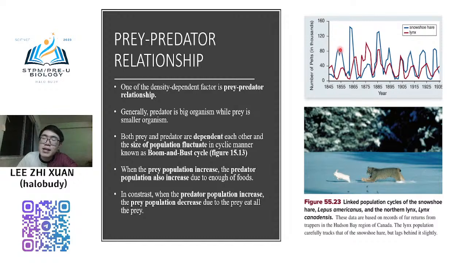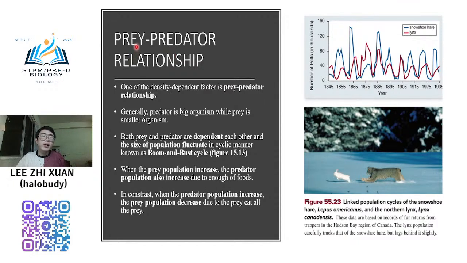When the prey decreases, the predator also decreases. They depend on each other. Why? Predators eat prey.